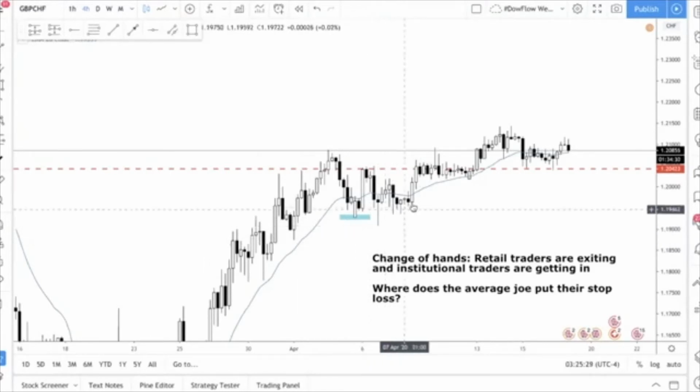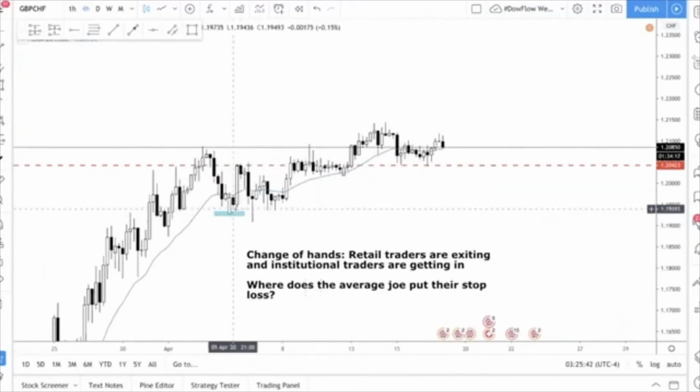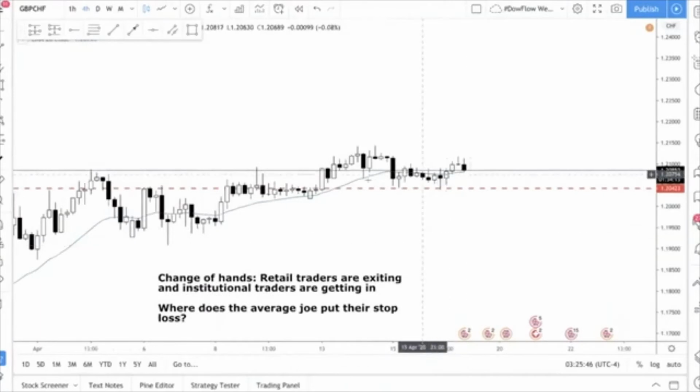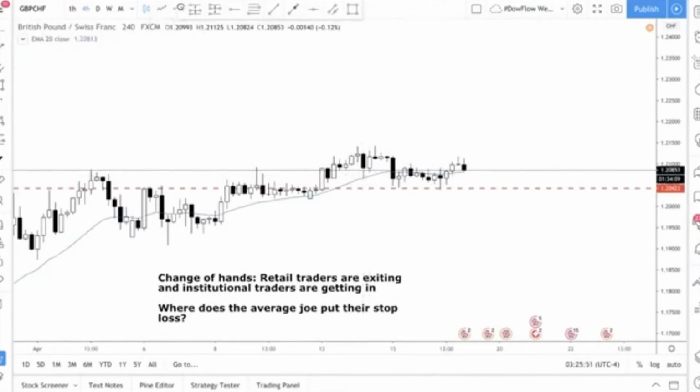So this is where the change of hands happens. Ask yourself this question: where does the average Joe put their stop loss? That's the first example I have for you. I'm going to go through more examples so that you understand. So over here, let me just delete the moving average first.